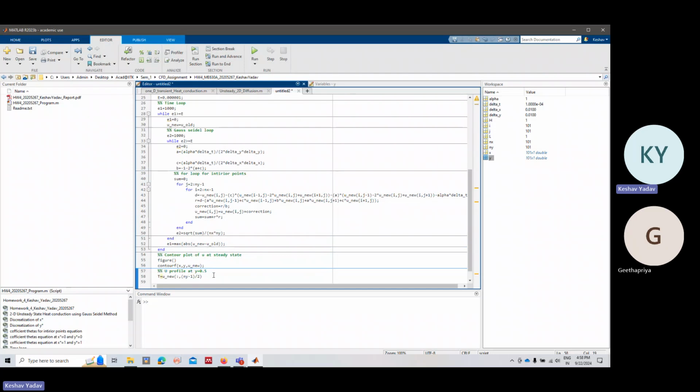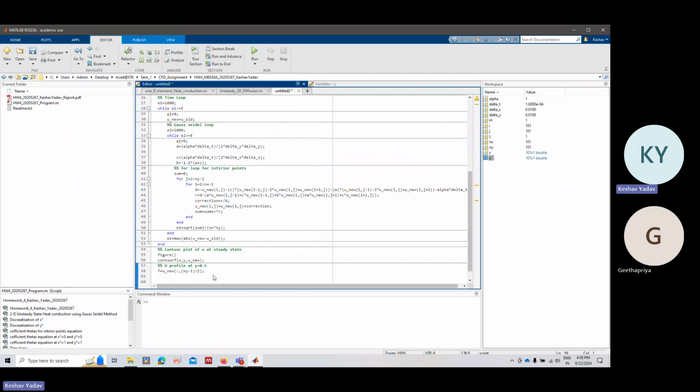By doing that, I can find out the t. Once I have found the t, I simply do the plot x comma t. Then it will give me the plot.